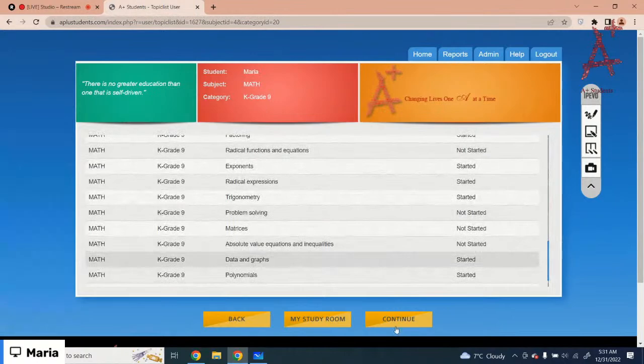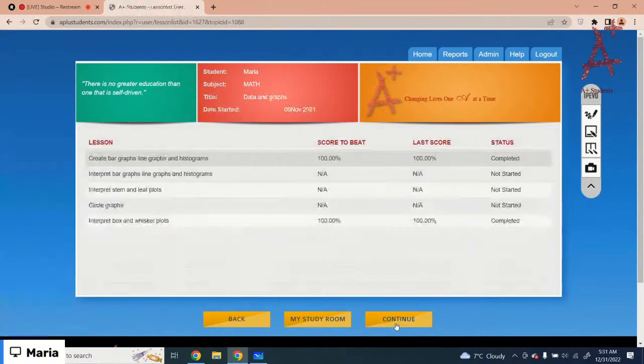Okay, here is data and graphs. Let's start with the first lesson, that is create bar graphs, line graphs and histograms.